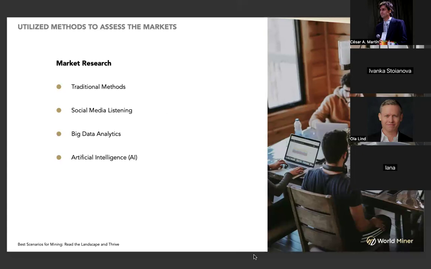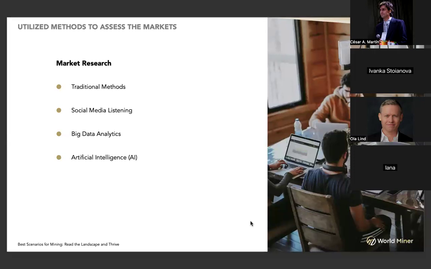The contemporary methods for evaluating markets and deciding investments are constantly evolving, driven by advancements in technology and the increasing complexity of the business landscape. So here's a breakdown of some of the key approaches.